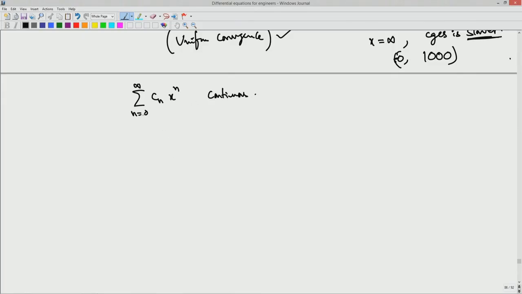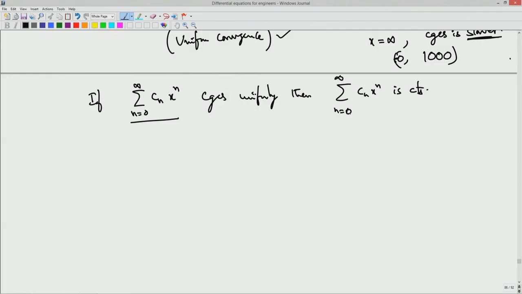It becomes continuous because the partial sums are simply polynomials, which are all continuous functions. Continuous functions converge to a continuous function when the convergence is uniform. So, if this power series converges uniformly, then the series Cn x power n as a function is continuous.